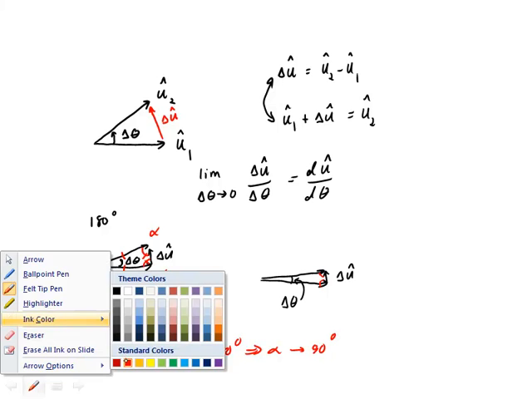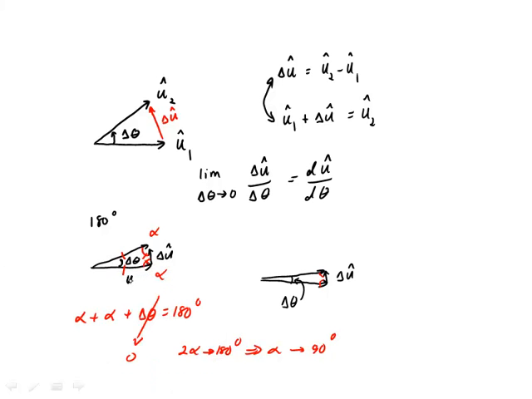All right, so keep in mind, this was u1. Oops. This was u2. This was u1. This was u2. And so as delta theta approaches 0, we end up with a vector that is approaching 90 degrees to u.